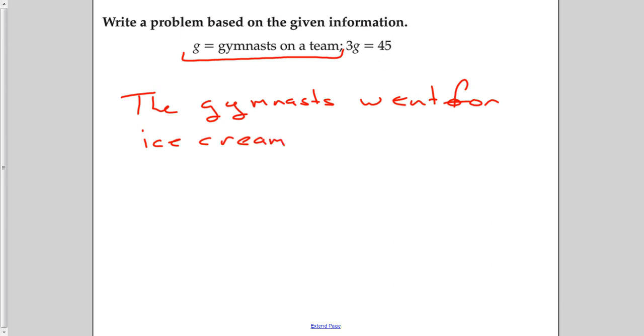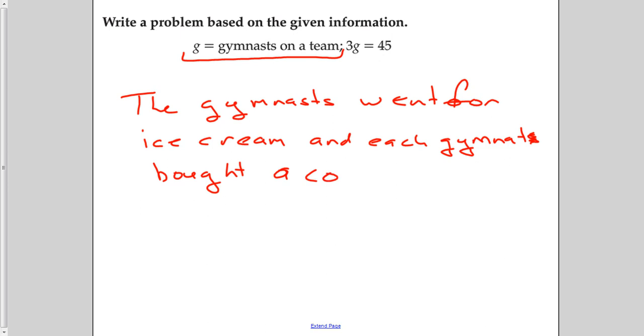A gymnast went for ice cream, and each gymnast bought a cone for $3.